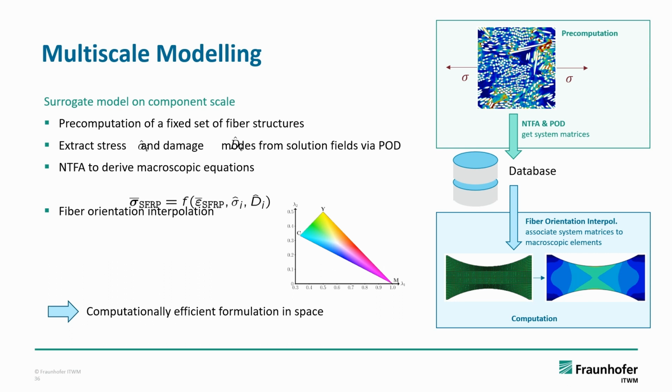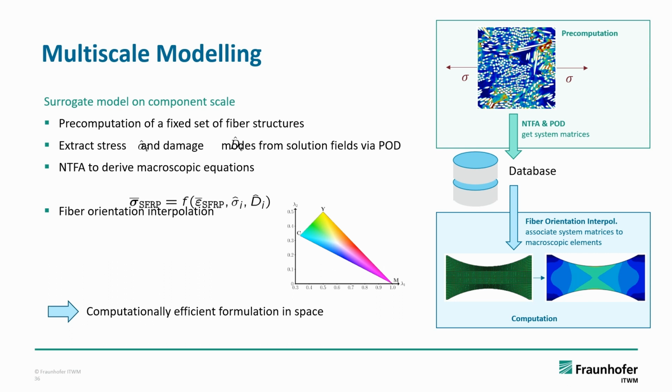The surrogate model or the reduced order model is built on precomputations of a fixed set of fiber structures, which we subject to different load cases, and then extract their stress and damage modes that are typical for the solution fields obtained from these simulations. Then a method called non-uniform transformation field analysis, or short NTFA, enables us to derive macroscopic equations.